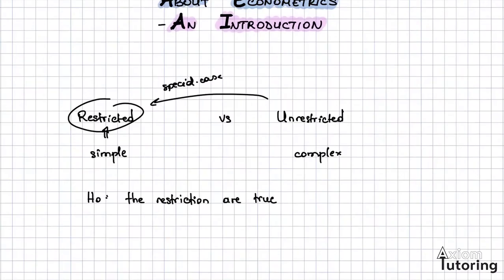The alternative hypothesis is otherwise. So by saying that the restrictions are true, it means that the simpler model is sufficient, which means the extra variables don't add any explanatory power. So technically, you're doing a joint hypothesis on these additional variables that make your unrestricted model complex.